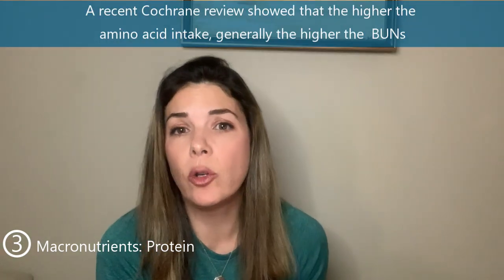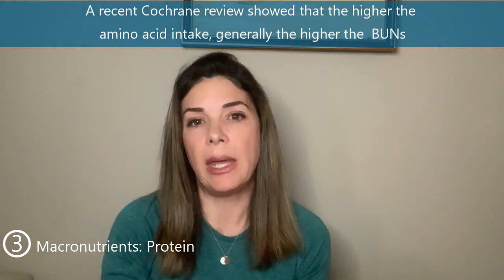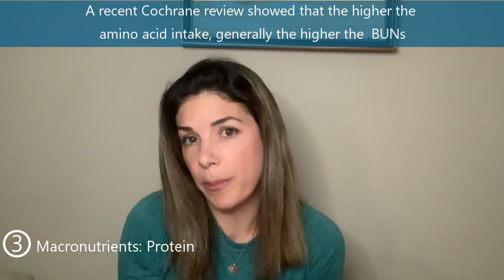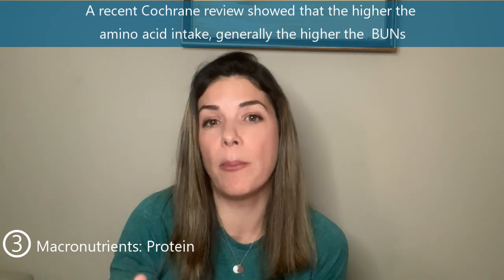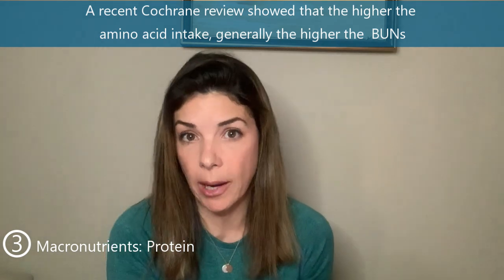One last note about the amino acids. There's always a back and forth about whether we should be following the BUN levels and whether we should slow down the advancement of the amino acids with elevated BUN levels. A recent Cochrane review showed that, unsurprisingly, the higher the amino acid levels being given, the higher the BUN levels, which is blood urea nitrogen.